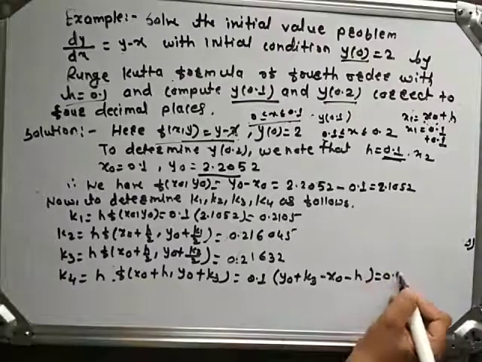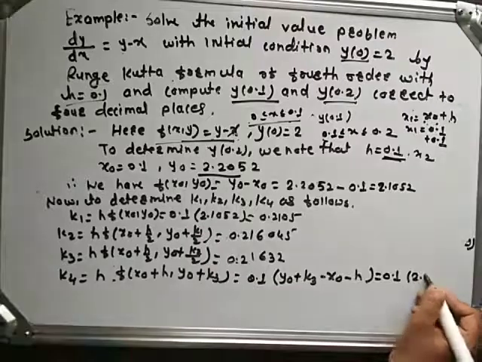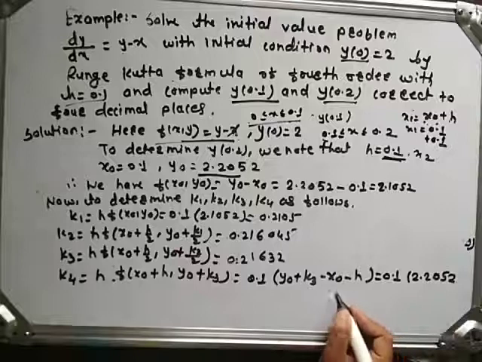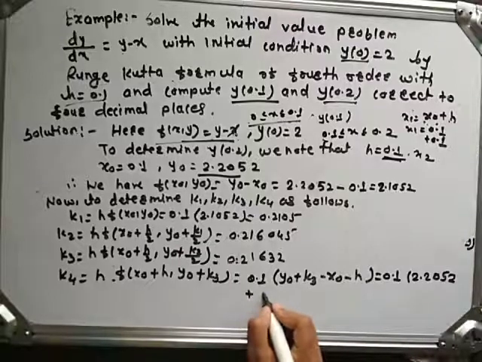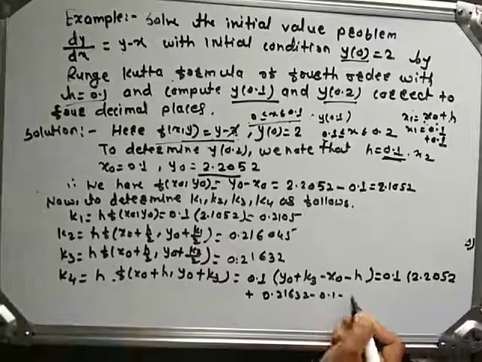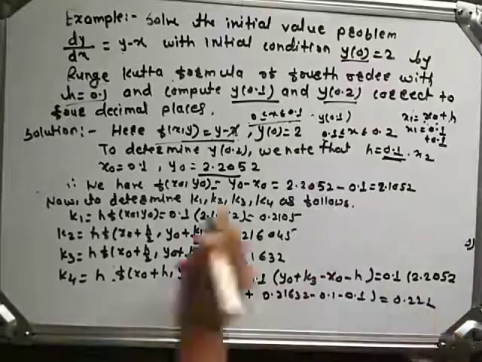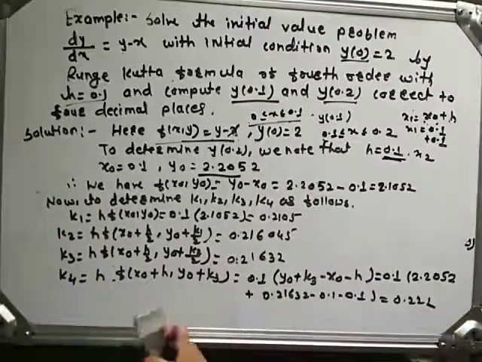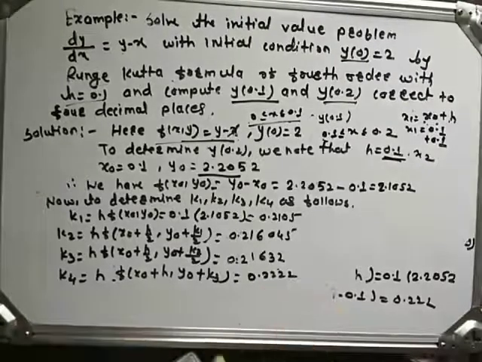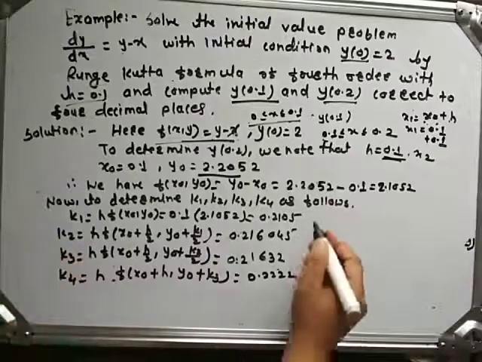So 0.1 into y0, which is 2.2052, plus 0.21632 minus 0.1 minus 0.1. This is equal to 0.22, so K4 is equal to 0.2222.